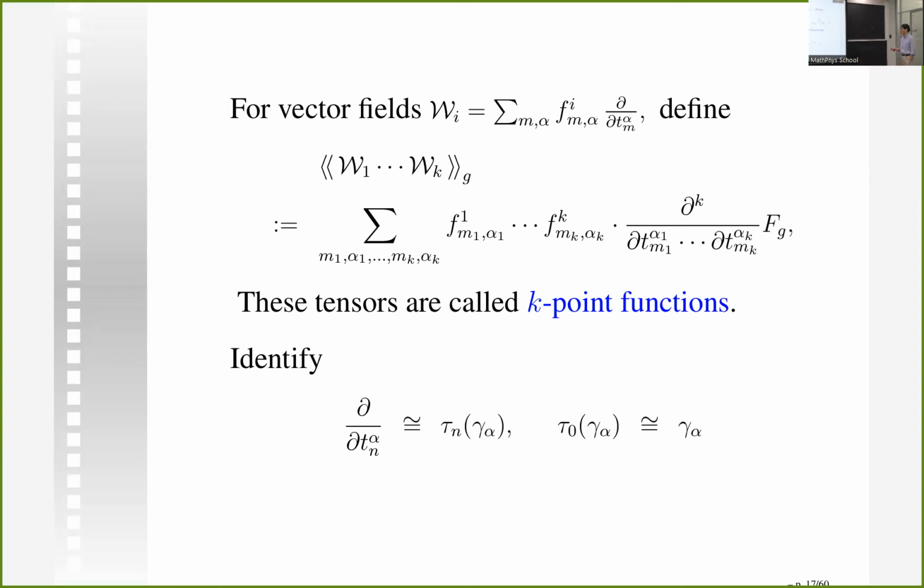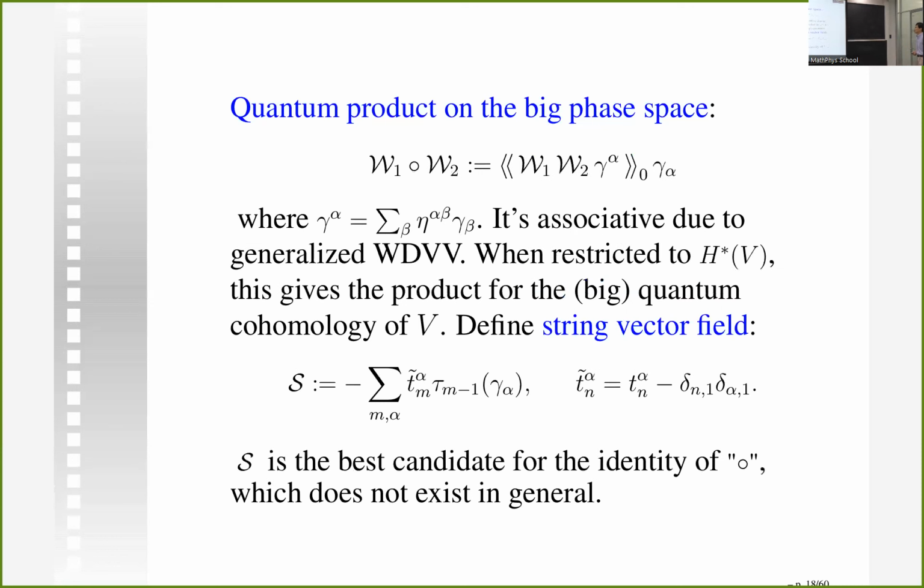When n equals 0, we simply denote this by gamma_alpha. Here we call gamma_alpha the primary vector field, and tau_n gamma_alpha the descendant vector fields, so n represents the level of descendants. Now we can define a product on the big phase space for vector fields in this simple way.